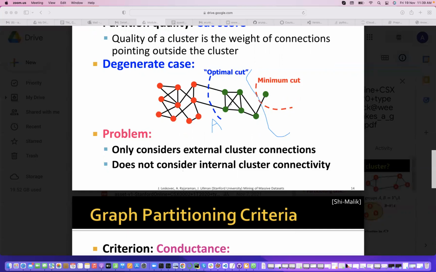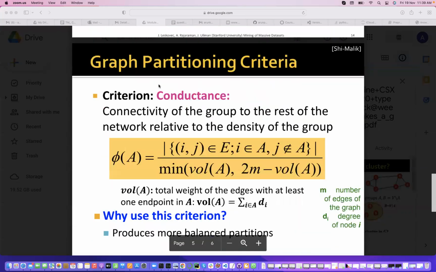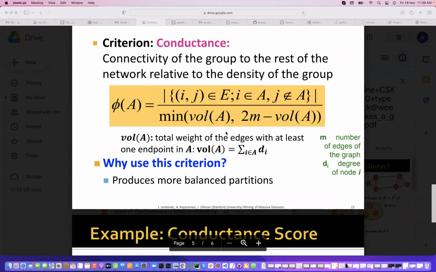So volume of A is 2m minus 1, and it is not the minimum. So you will take 2m minus volume of A, which in the previous division is only 1, right? Only 1 degree you are not counting, that's all.